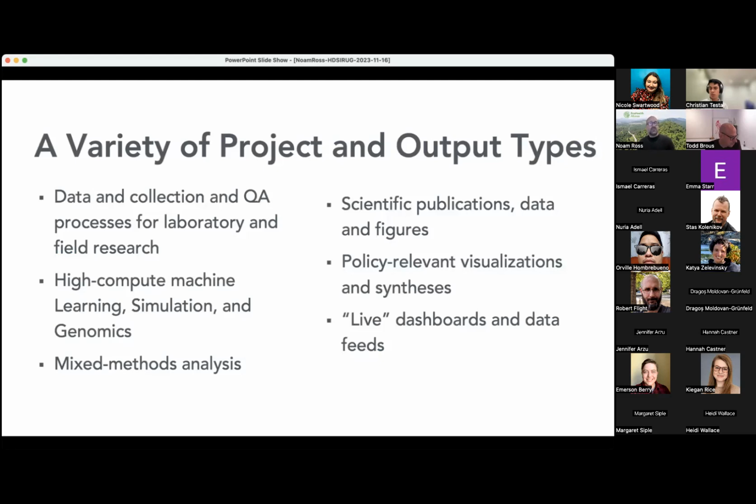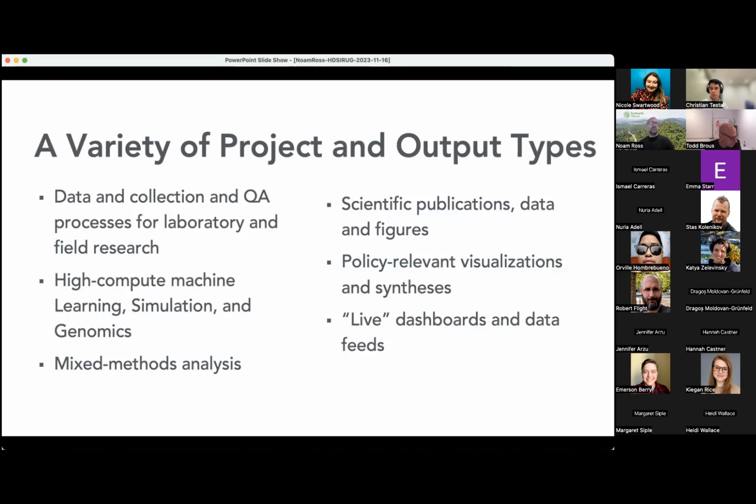And then all those have different outputs. We have, like most academic researchers, scientific publications, we have data publication and figure publication we have to think about, but we also have work that gets synthesized to policymakers that has to be in sort of policy relevant visualizations and syntheses.